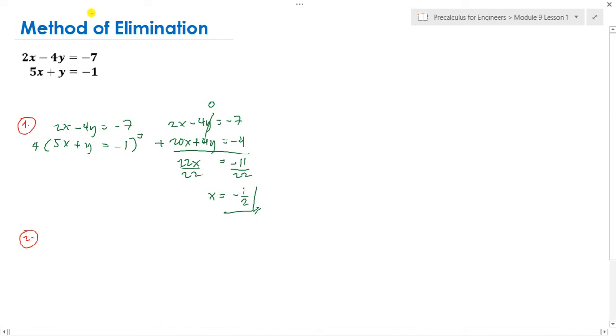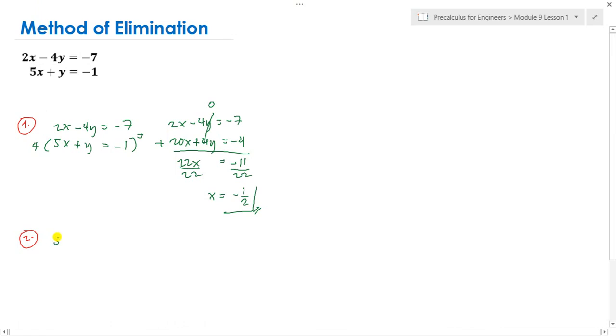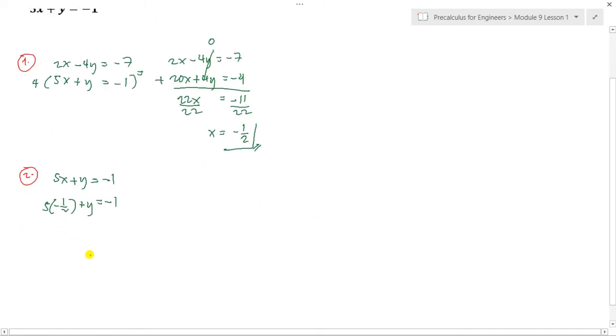Now I'm going to choose equation 2 because it is easier. So that would be 5x plus y is equal to negative 1. With x equal to negative 1 half, that is 5 times negative 1 half, plus y is equal to negative 1. Solving for y, y is equal to 5 times 1 half minus 1, so this is 5 halves minus 1.